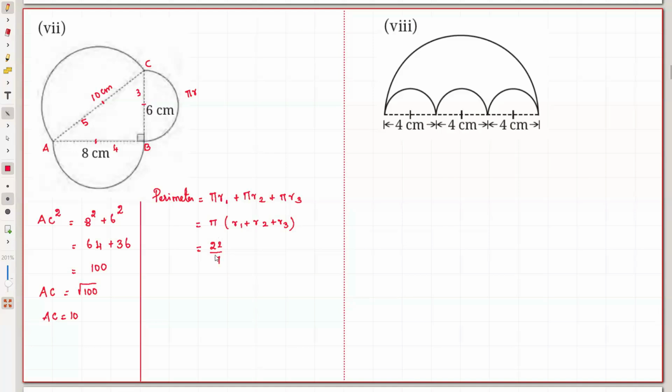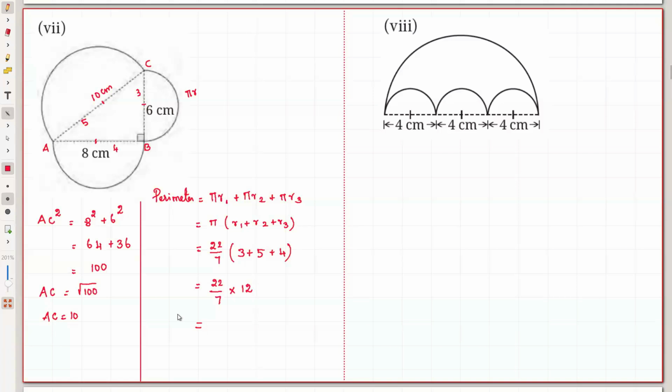So pi value 22 by 7, R1 is 3 plus R2. Diameter is 10, so R2 is 5, plus R3 is 4. Now we can simplify it. So 22 by 7 into 5 plus 3 is 8, 8 plus 4 is 12. So 7 and 12 will not get cancelled, so you have to just multiply and simplify it.